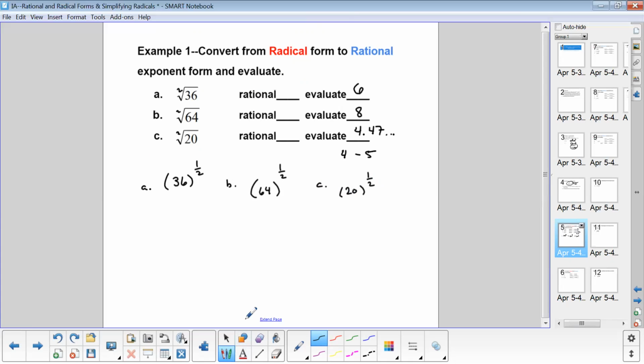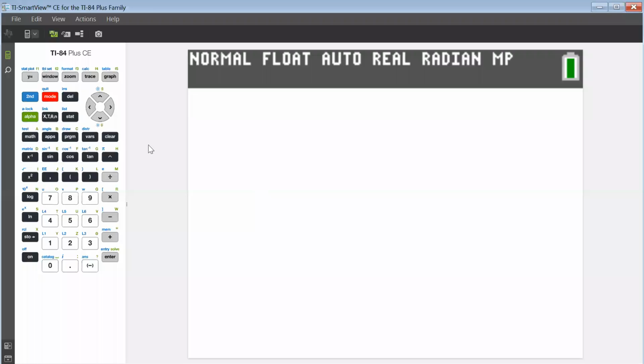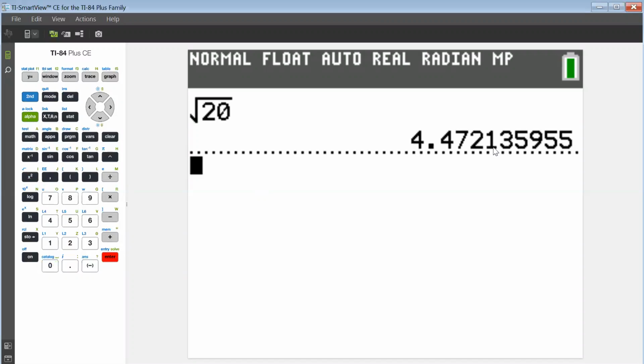So a couple of ways we can calculate that, just to make sure that we're on the same page. If you want to calculate the square root of 20, you could type second and then the x squared button, because I want to utilize the radical. So second x squared, type in 20, hit enter, and it gives you your value.